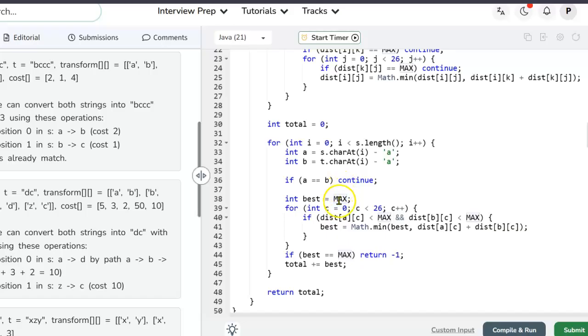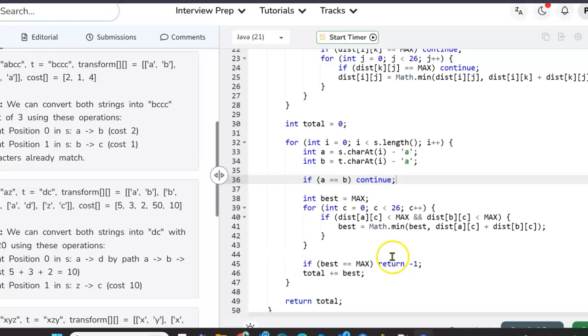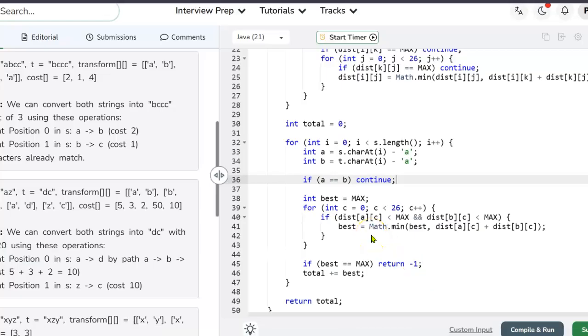Otherwise, we're going to set best to max, and we're going to iterate through all the letters of the alphabet. We're going to see if there's a path from A to C and there's a path from B to C, and if the combined cost of transforming A to C and B to C is lower than whatever we have in best right now.